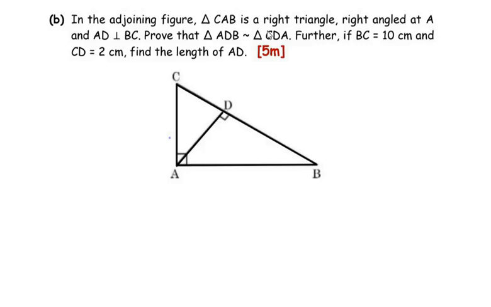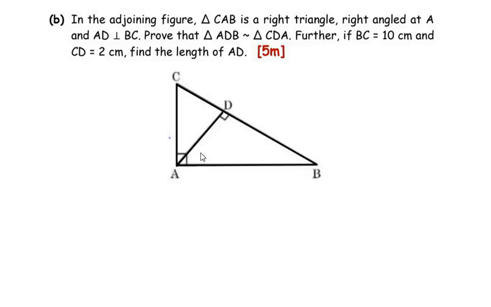So let us focus on the first part of this question, where it is given that triangle CAB is a right angled triangle, right angled at point A, and AD is perpendicular, that is AD is at 90 degrees to the side BC. We have to prove that triangle ADB is similar to triangle CDA.